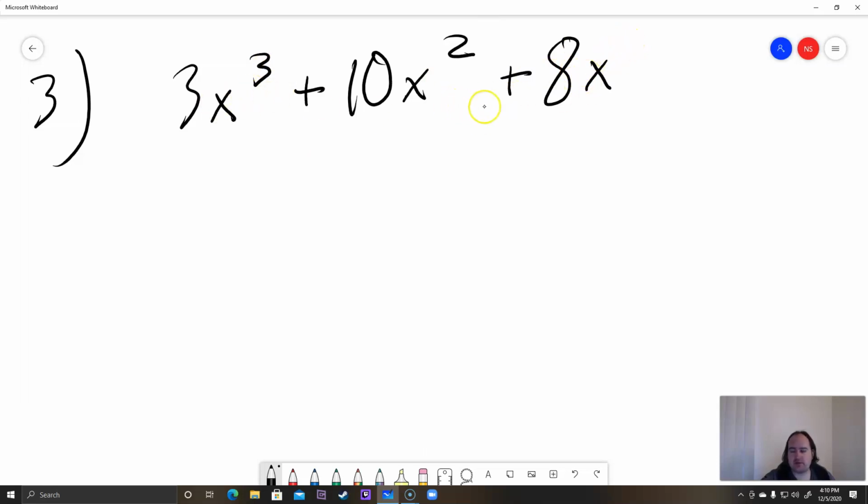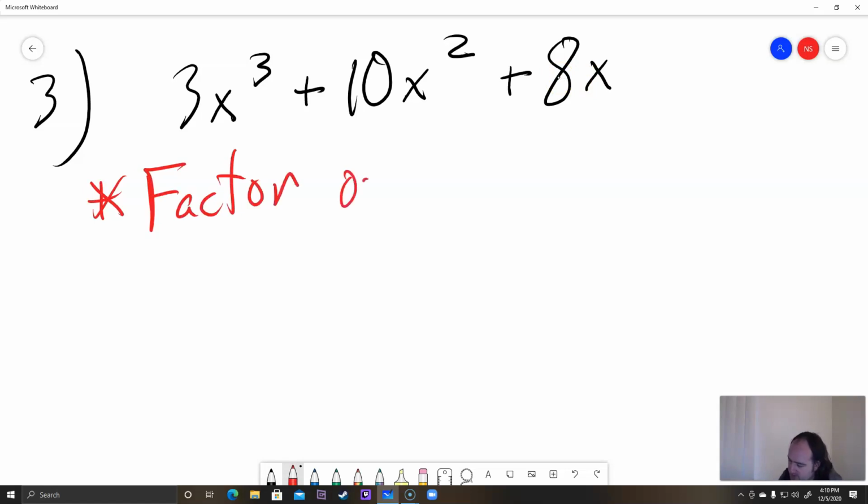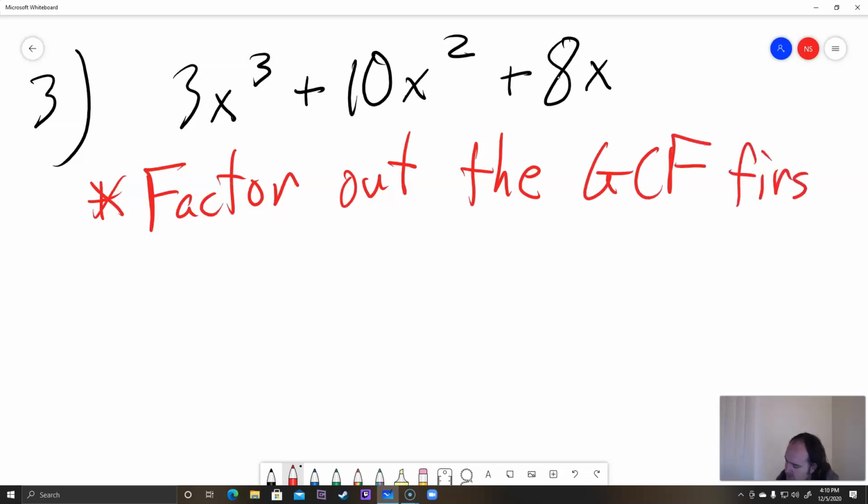So the trick with this problem, to make it a lot easier, is there's one extra step at the beginning, which is you have to notice that there's actually a GCF that we can factor out, because all these terms have an x in common. Okay, so what we have to do here is factor out the GCF first.